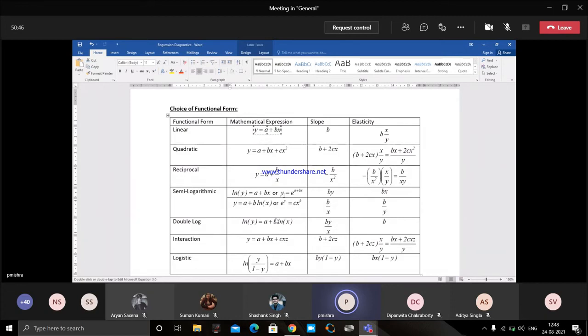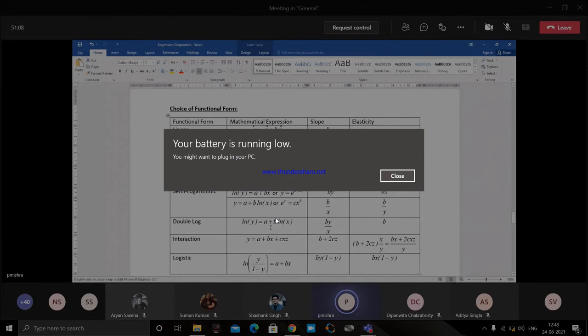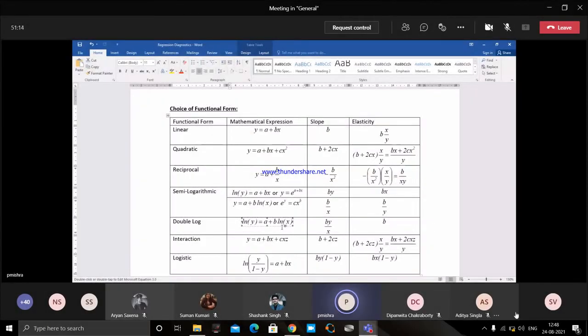And I'll show you how this semi-logarithmic specification would be important in estimating the growth rate of a function. Double log, you know, I mean, it results in elasticity. So if we are talking about constant elasticity, we basically define the double log function.